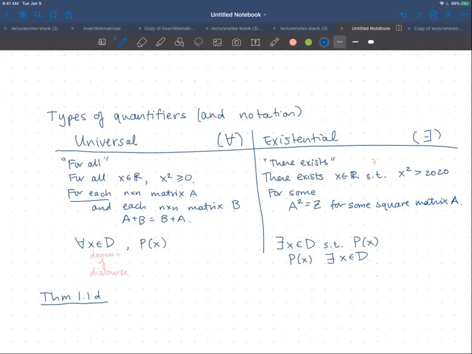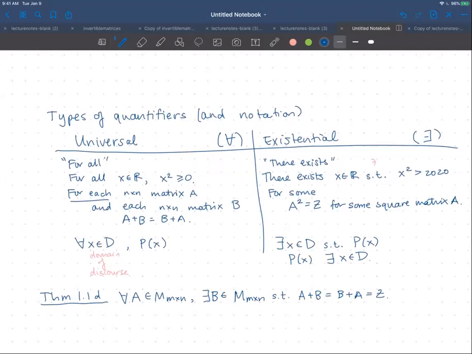We would say for all A, and our domain of discourse here is a set of m by n matrices, there exists B in the set of m by n matrices such that A plus B equals B plus A equals the 0 matrix.